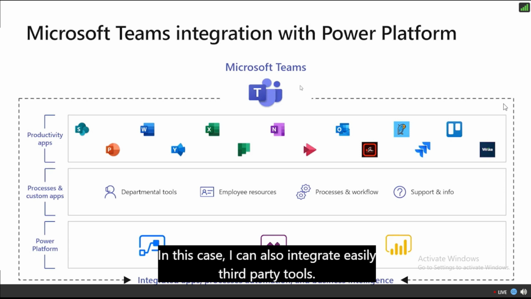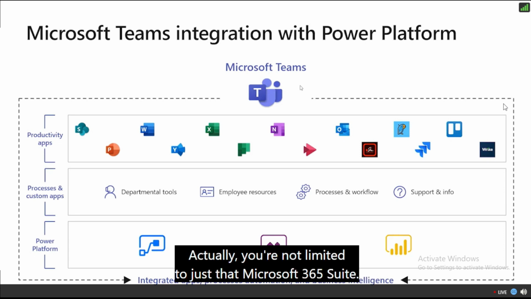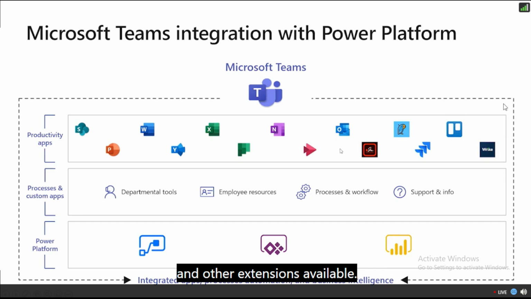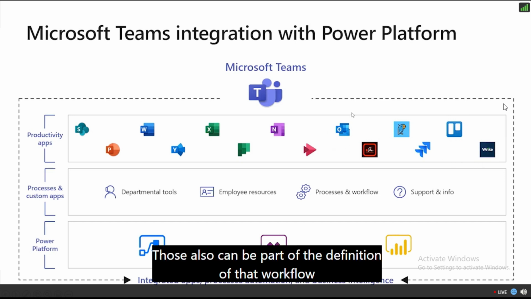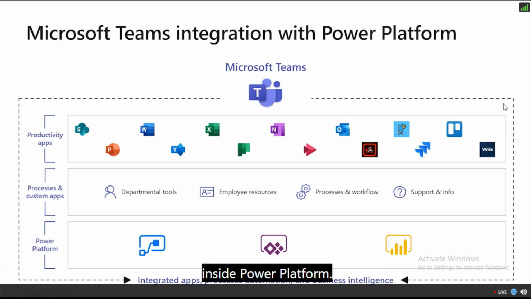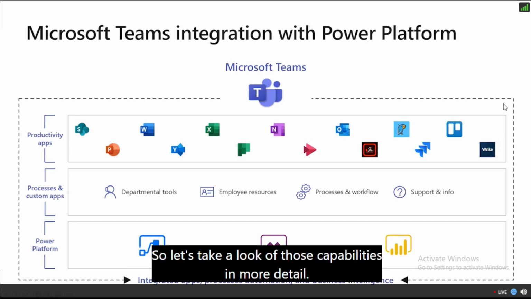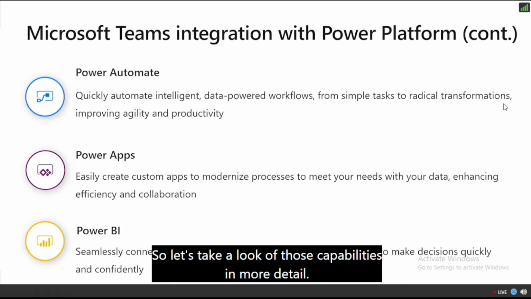In this case, I can also integrate easily with third-party tools. So you're not limited to just the Microsoft 365 suite. You can integrate things like Twilio and other extensions that are available. Those also can be part of the definition of that workflow inside Power Platform. So we'll take the time to explain all those capabilities available in Power Platform. Let's take a look at those capabilities in more detail.